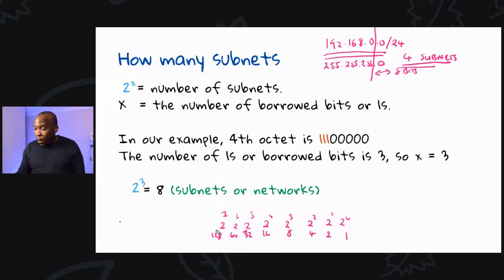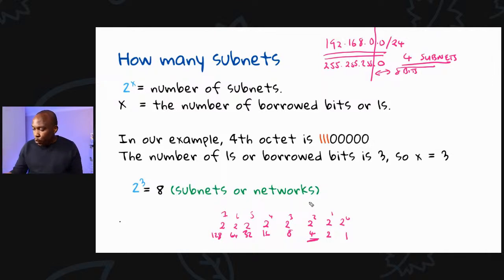So in order for us to have 4 networks, we have this number 4. Now, what is the number that we raise 2 to the power of in order to get 4? That is 2 to the power 2. So in that case, we are borrowing 2 bits.